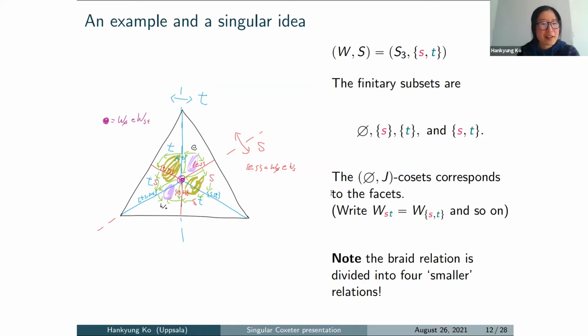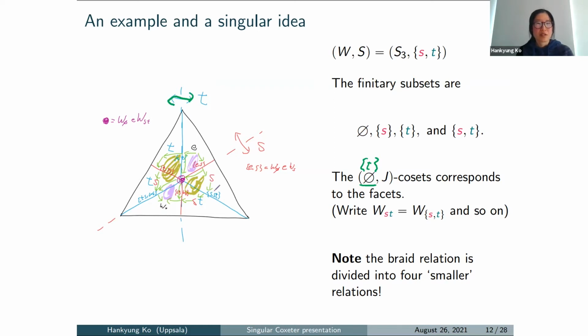And here, for now I only talked about empty, J cosets. But if you want to consider, for example, T here, multiplying T on the left corresponds to reflecting along this original hyperplane.